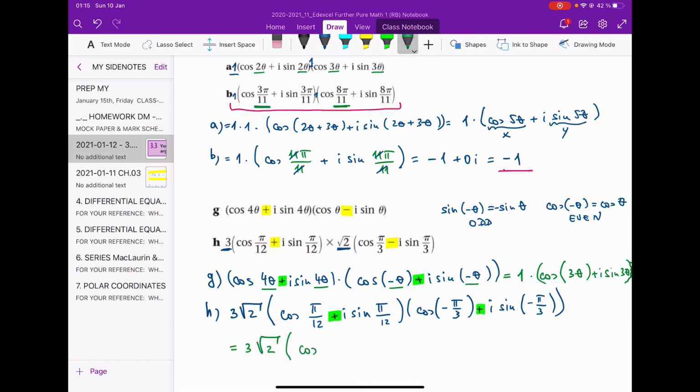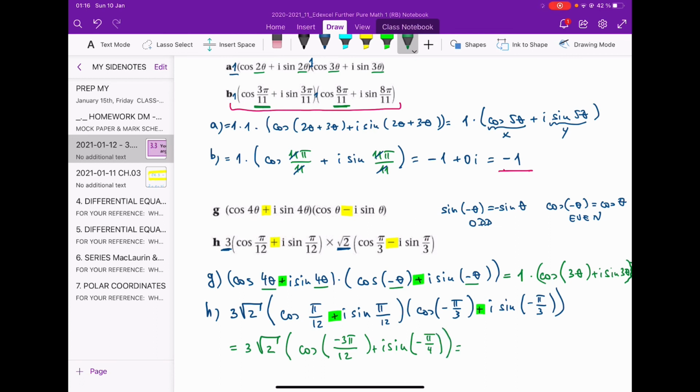When you add these up, let me see what you're going to get, pi over 12, so 12, 1 minus 4, so minus 3 pi, plus the same I sine minus pi over 4.